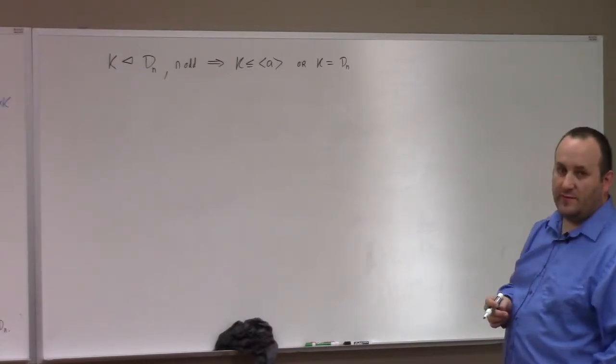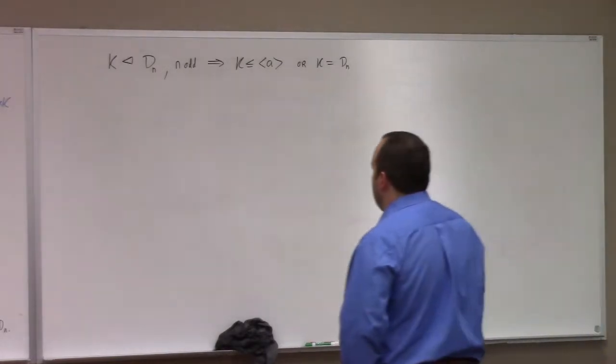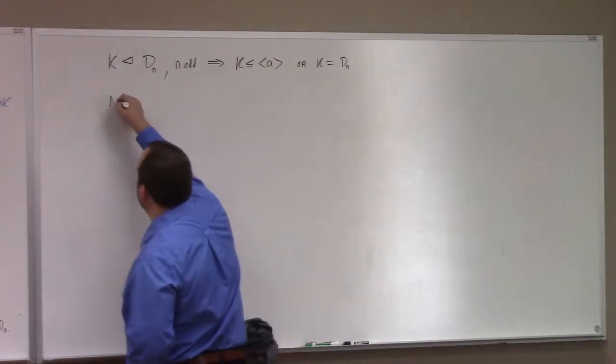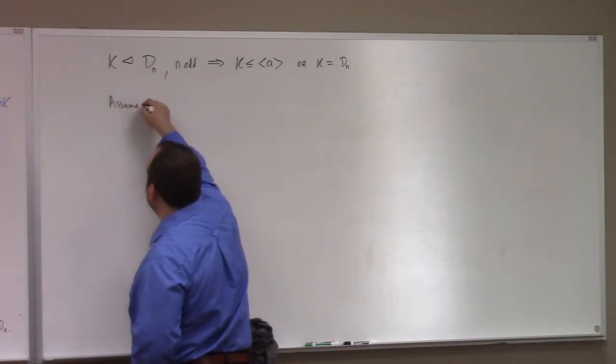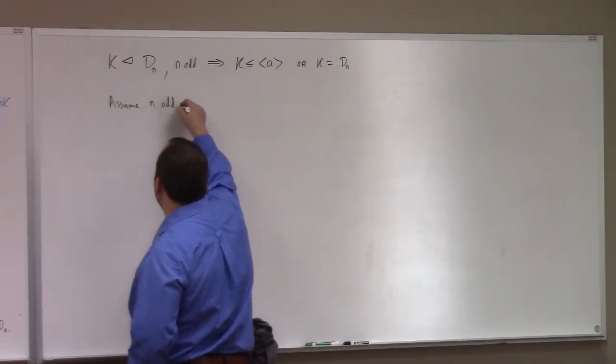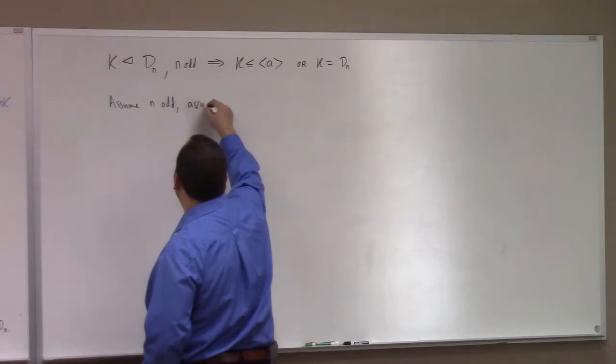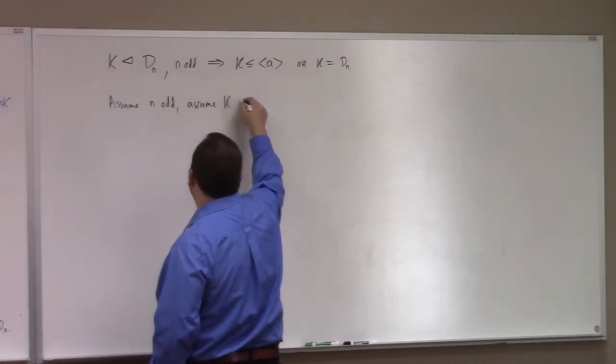So I think the way to prove something like this is to assume K is normal, right? And so we should assume n odd, assume K normal, right?